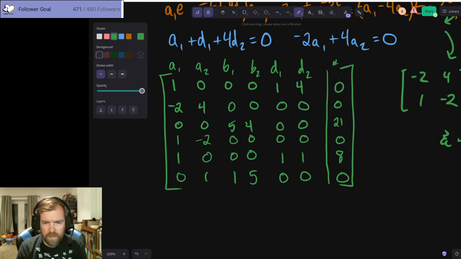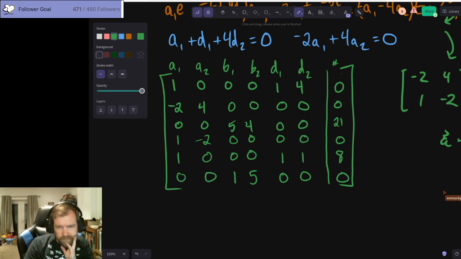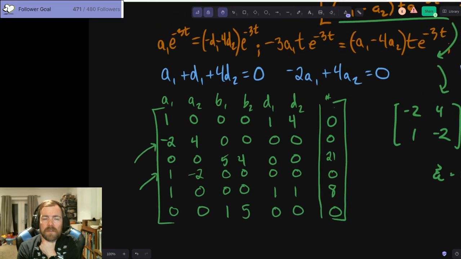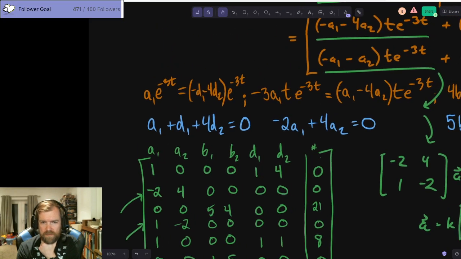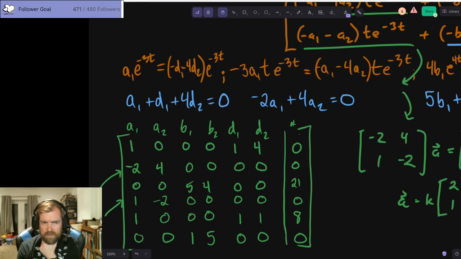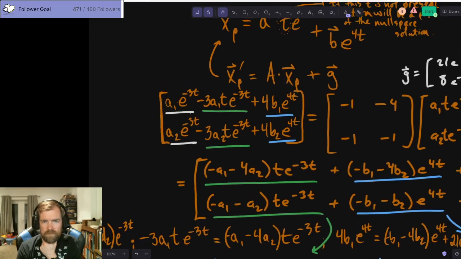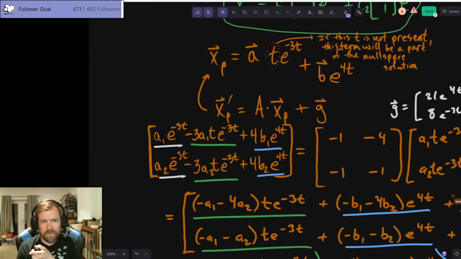Well, I'm not liking the fact that two of these are linearly dependent. A row here and a row here. That might be okay, because that's part of our null space?